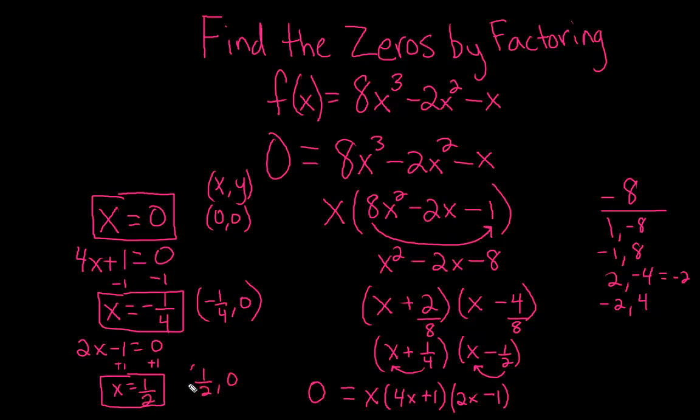Our value of y is 0. So these three are our x-intercepts. See how they're just listed a little bit differently, but the zeros of the function are the x-intercepts. We list the zeros as values of x that make the function 0, and our x-intercepts are listed as coordinate points x, y.